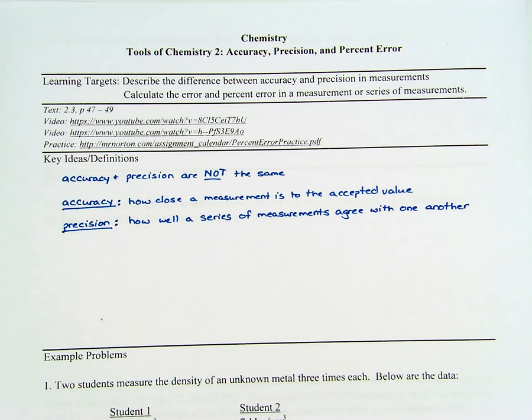In other words, this would apply to the idea of, let's say you're measuring the density of an unknown metal. And as part of your procedure, you do it 3 times. This is something we do quite often in experiments. We want to run more than one trial. So you do 3 trials, and at the end, you'll have 3 different answers, 3 different measurements. If those 3 measurements are all very close to each other, we would say that they are precise.